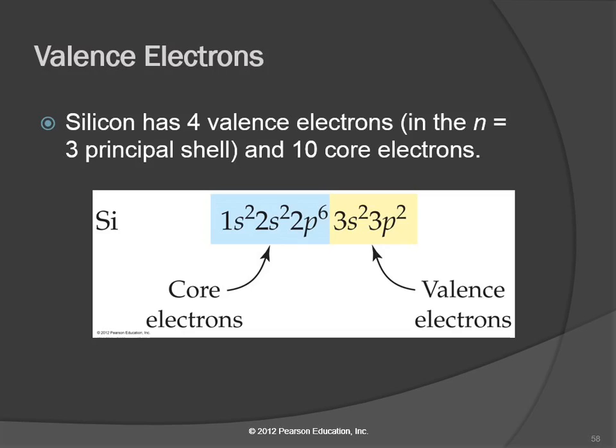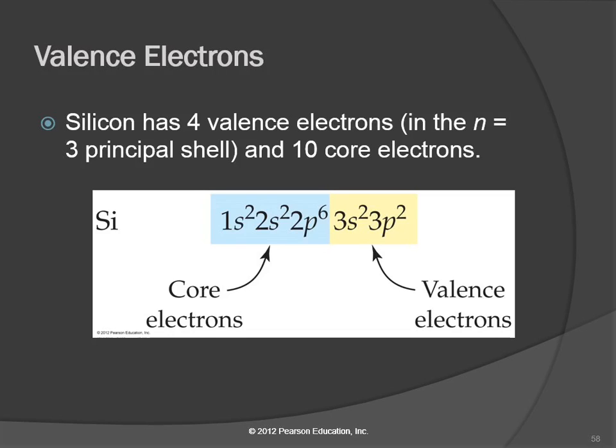Let's look at silicon. So here's the electron configuration for silicon. 2 plus 2 plus 6, there's 10, and 4, 14. We look at silicon on the periodic table, 14 electrons. So we've got the 1s, and the 2s, and the 2p, the 3s, and the 3p then only has 2 electrons in it.